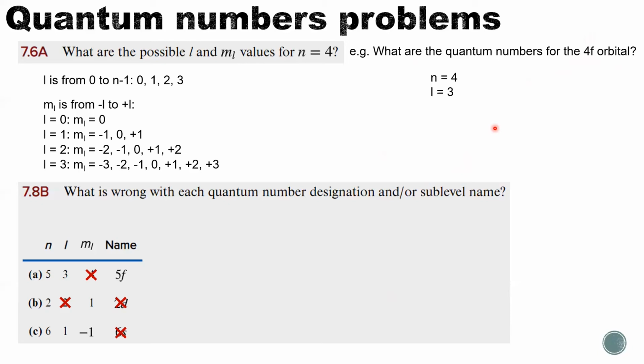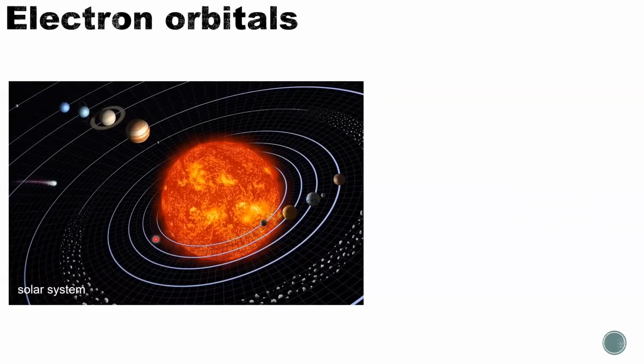We talk about these quantum numbers, right? So what exactly do these quantum numbers control over the shape of the electron orbitals? Let's take a look at that. You may be familiar with the solar system. We have a sun in the center, and different planets sit in orbits around this central sun.